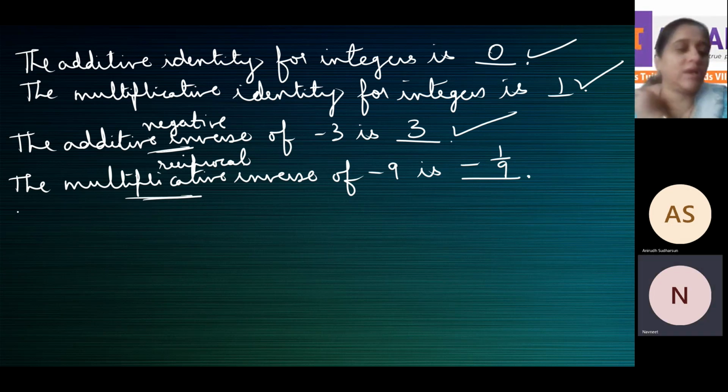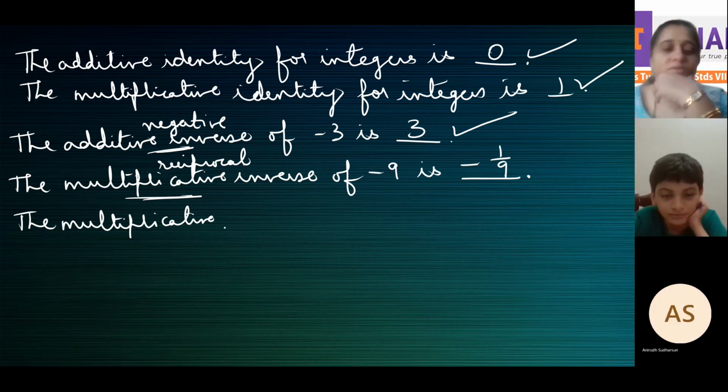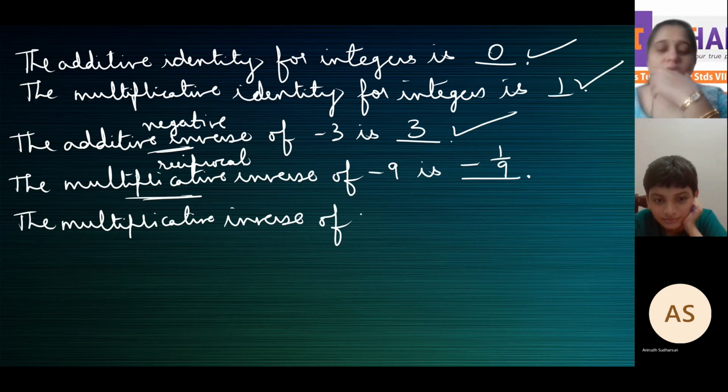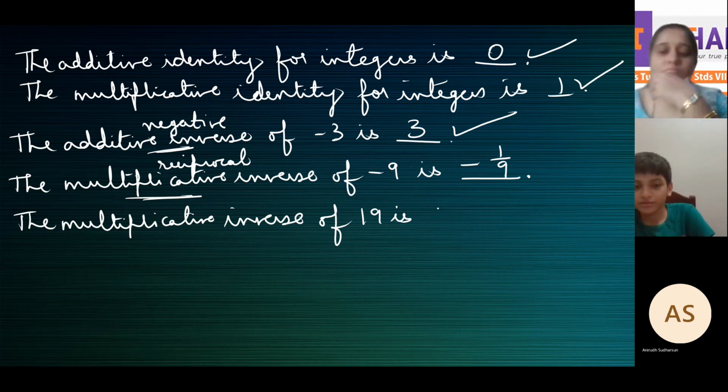Yes, Navneet. The multiplicative inverse of 19 is 1/19. Correct.